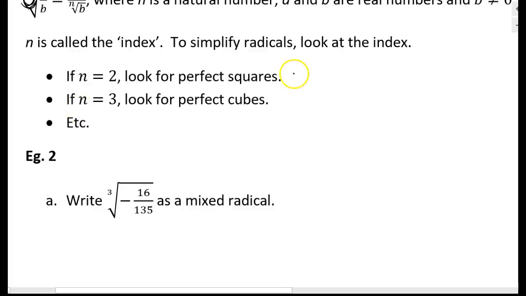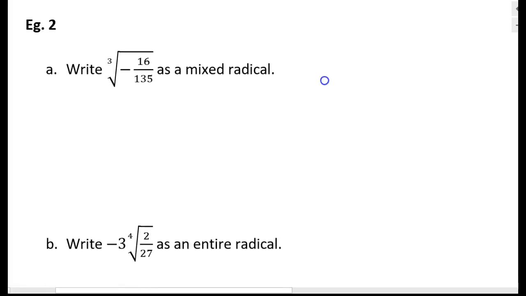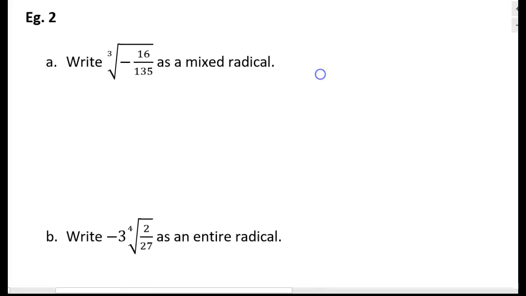You want to know your perfect squares for probably the numbers 1 to 20, at least 1 to 15. Those are going to be your handy ones. For your perfect cubes, I would say 1 to 5 is sufficient. And that will help you when we get to here.